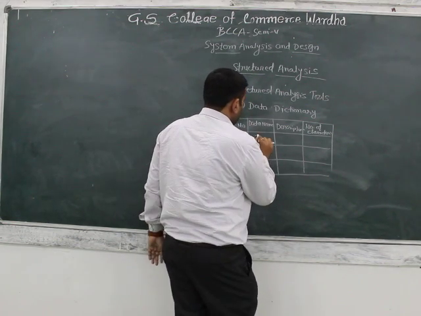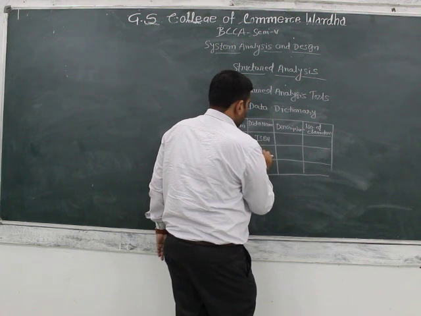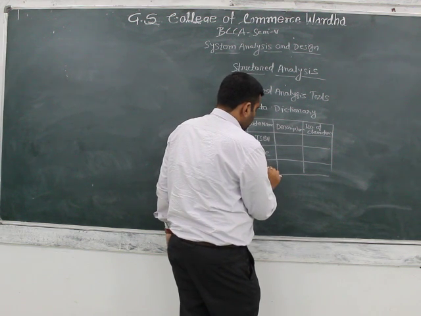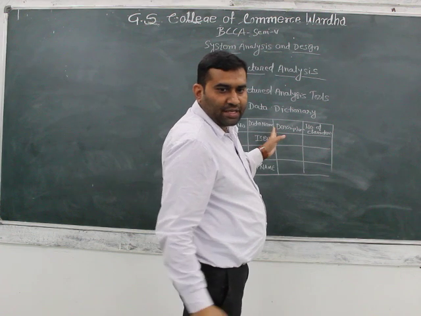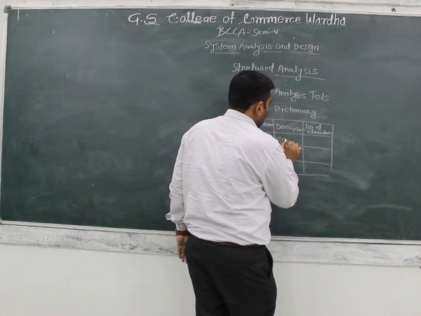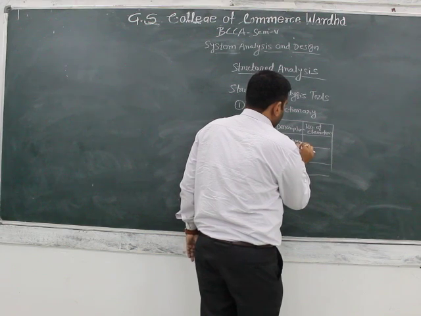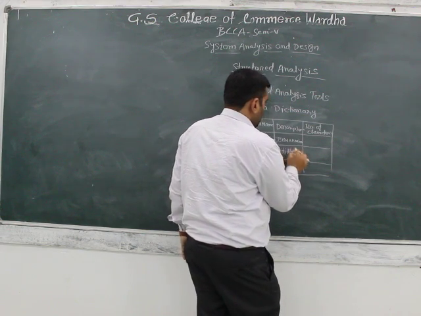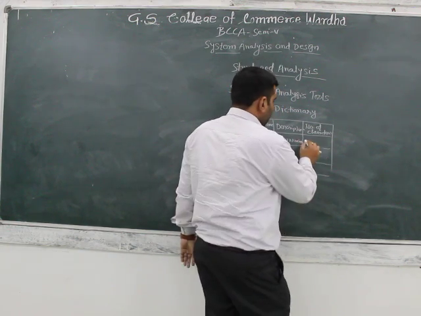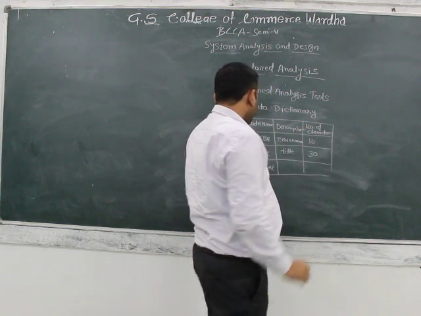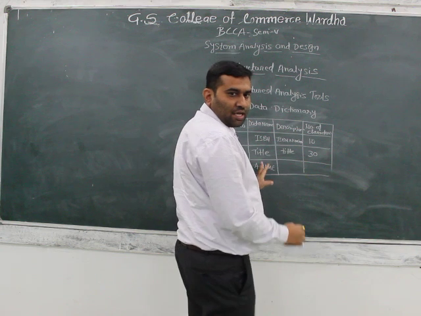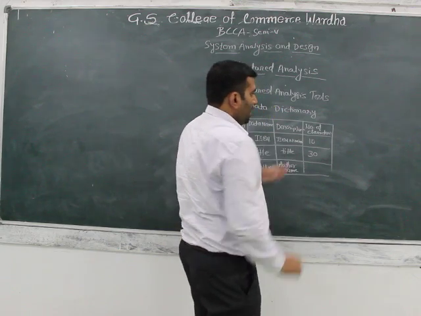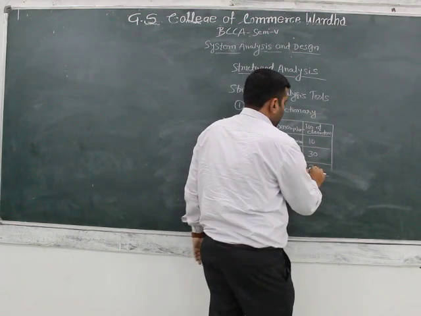Data name is ISBN, then title, author name. Description for ISBN is ISBN number, and the number of characters is 10. Title is 30 characters. Author name is described as the author's name, and the number of characters is 20.